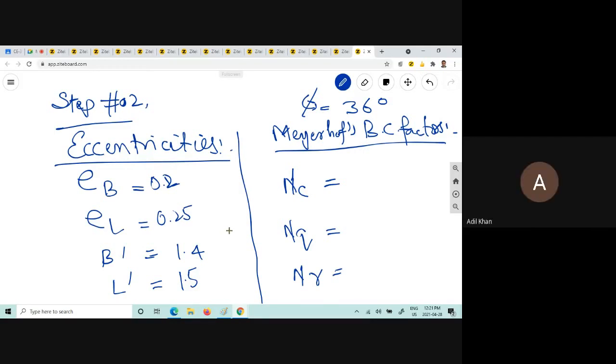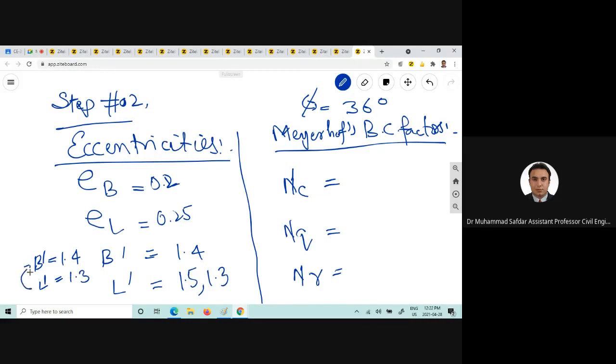ये L prime 1.3 है मेरे साथ. L prime is 1.3, okay, so what I'm getting here is 1.4 and L prime is equal to 1.3.